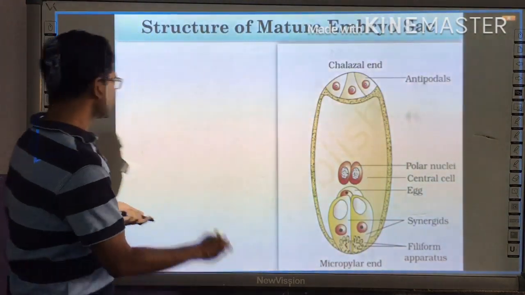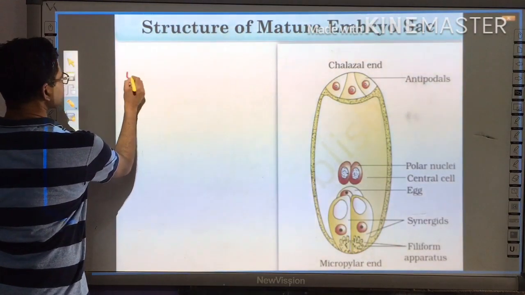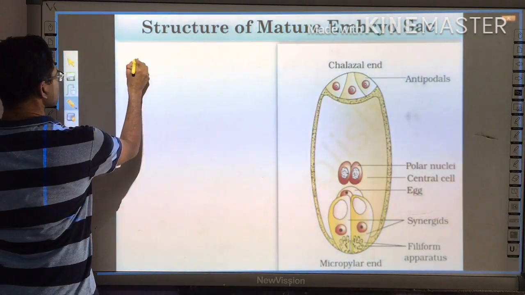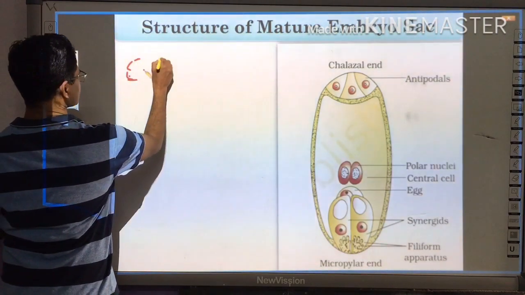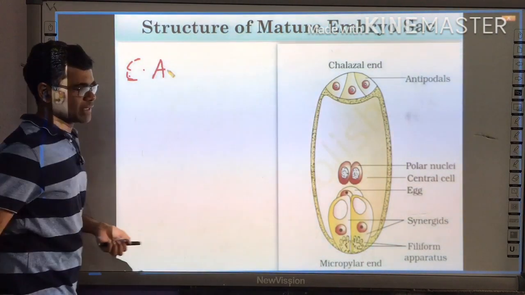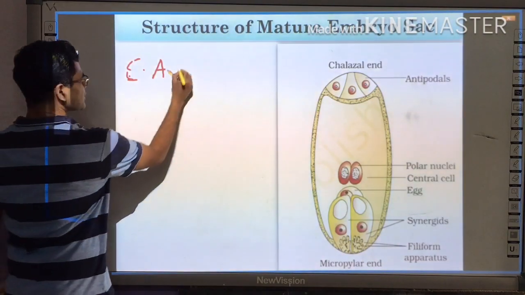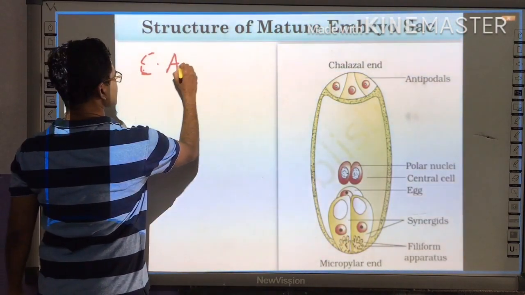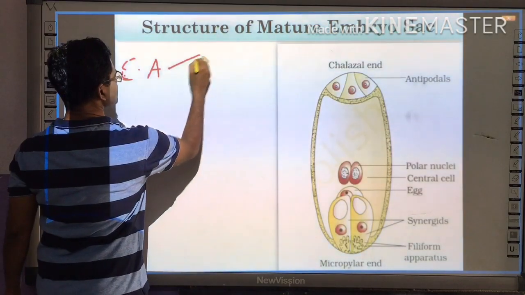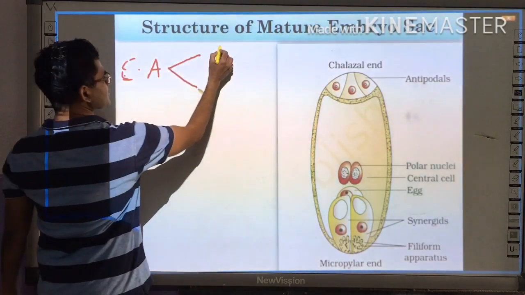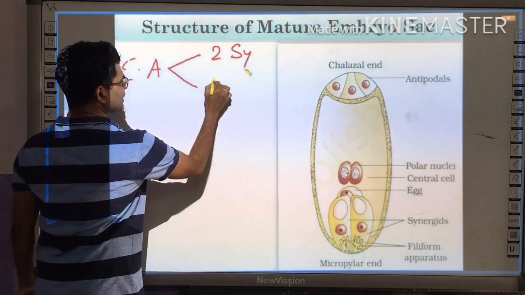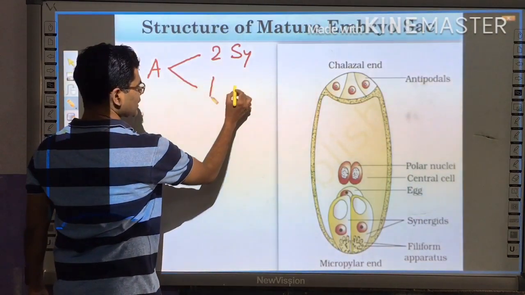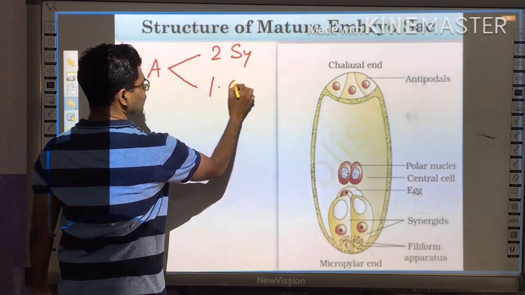The first component is the egg apparatus. Egg apparatus includes two important things: there are two synergids and there is one egg or ovum.